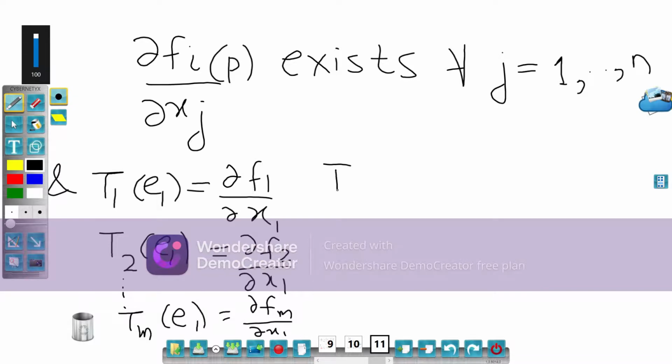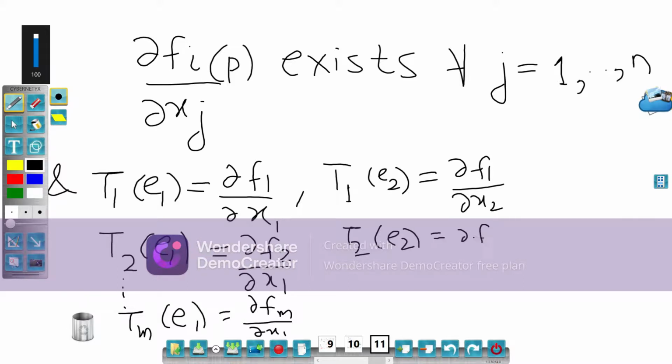On a similar line, we can write t1 at e2 will be dou f1 upon dou x2, t2 at e2 will be dou f2 upon dou x2, so on and so forth.